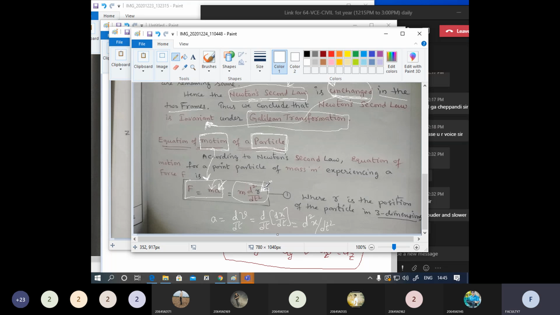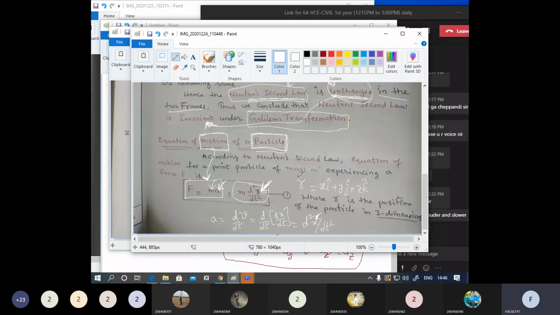If you take x, y, z, all 3 coordinates, you write the r value. If you take only the x axis, you get only the x coordinate. So r can be given as x i cap plus y j cap plus z k cap.